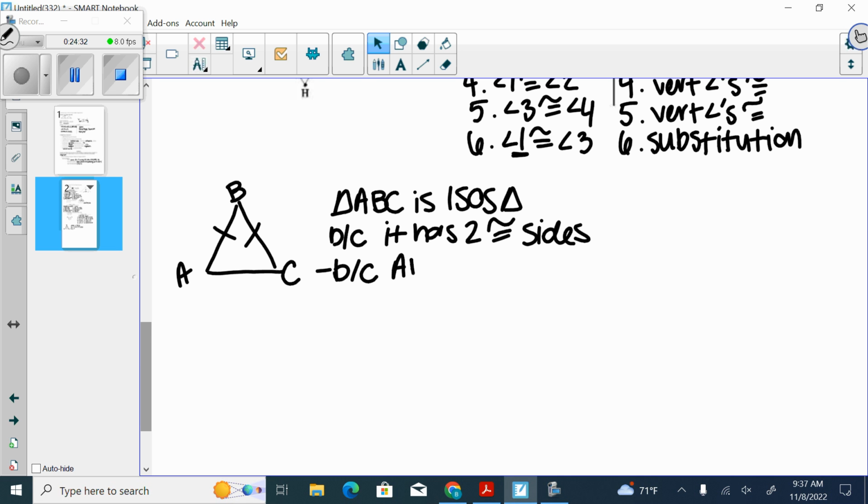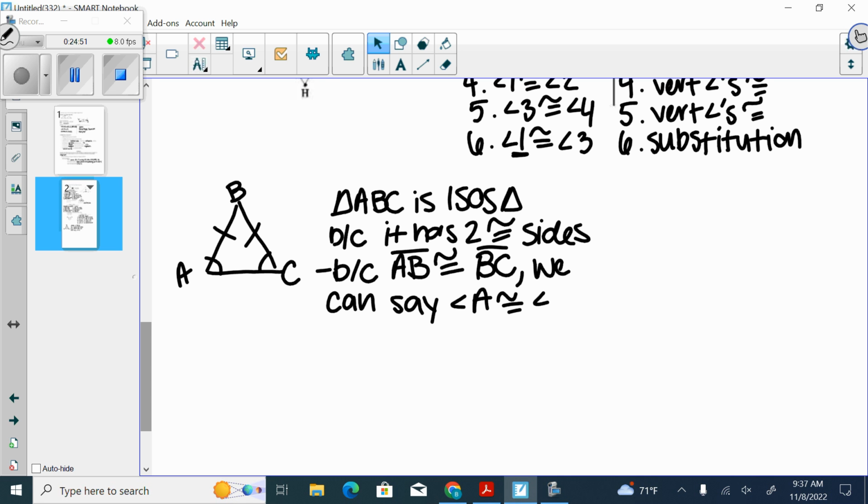So because AB is congruent to BC, we can say A and C, the two angles, would be congruent. Okay, and if you can't remember why, just maybe make a note that it's because these angles are opposite of the congruent sides.